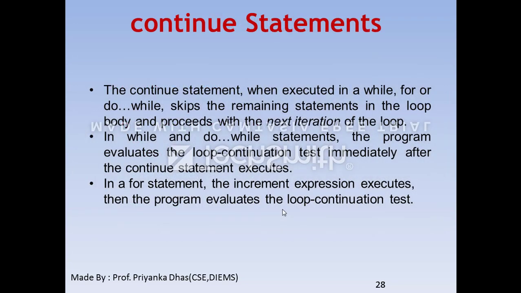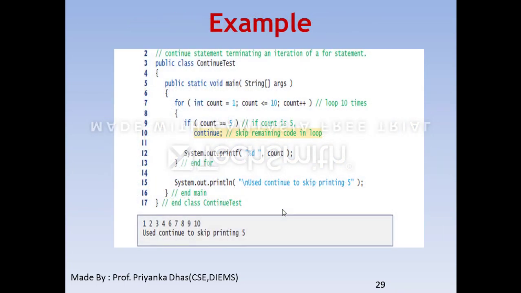This is the continue statement, where if you want to skip the remaining statements in the loop body and proceed to the next iteration, you can use a continue statement. This program evaluates the loop continuation test immediately after the continue statement executes. So we will directly see an example.